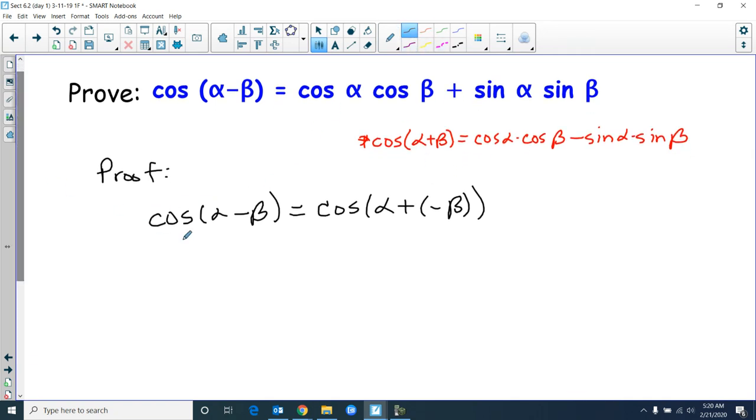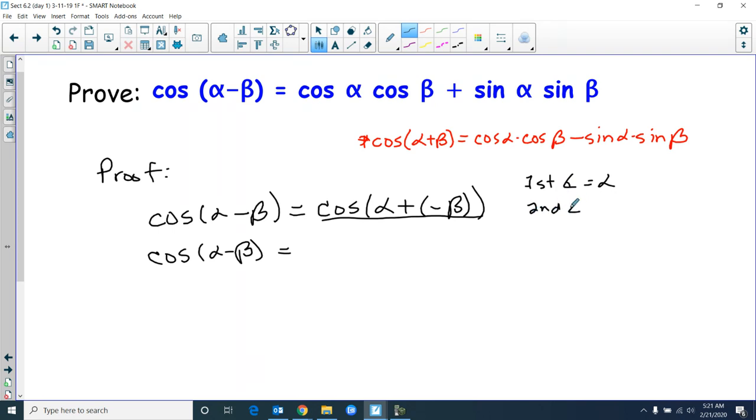Here's how we're going to use that. So cosine of alpha minus beta is equal to, all right, this is a sum. My first angle is alpha. My second angle is negative beta. I can use this formula up here.